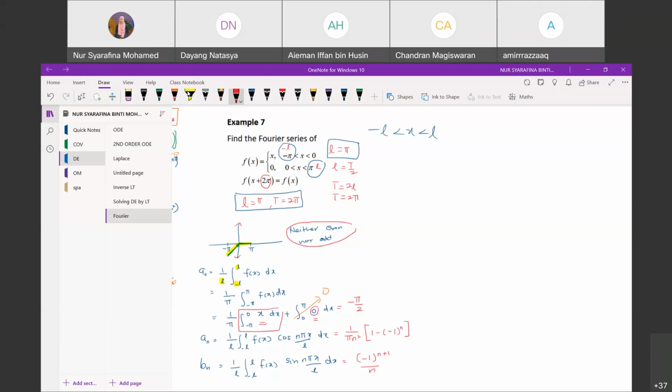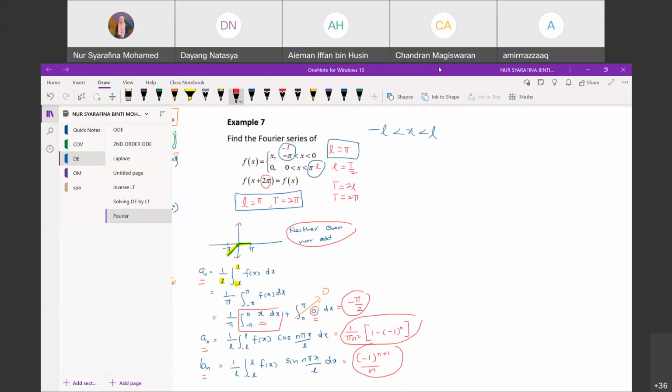So now try it on your own. Find a0, an, and bn. The answer here is given. Once you get your a0, an, and bn, just substitute into the Fourier series. Can you do this? Right, so the steps are there.